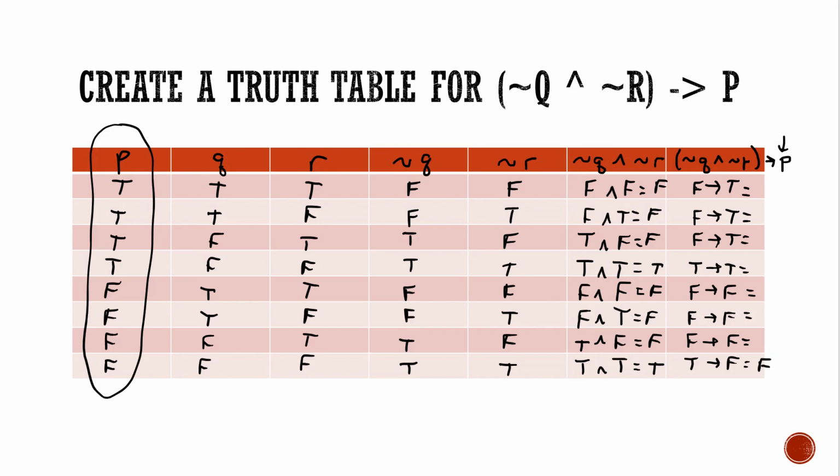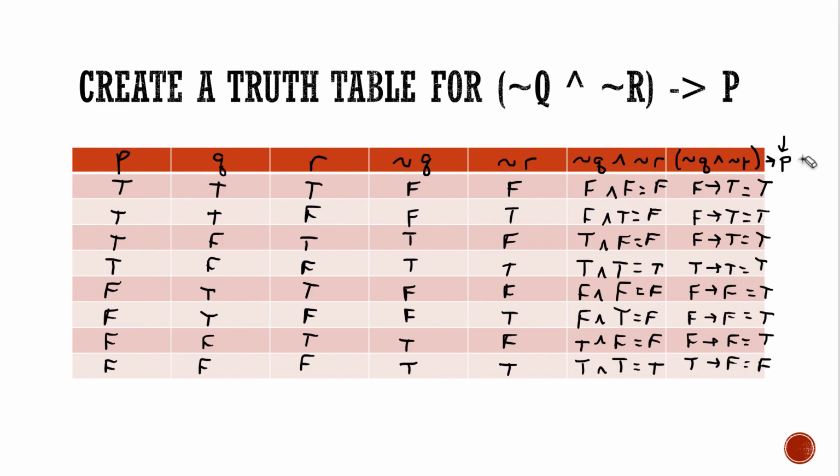And all the other cases are going to be true. And again, check back into your rules if you need to. If you can't remember, then check back into your rules. And then remember that the final column is the solution to the problem.